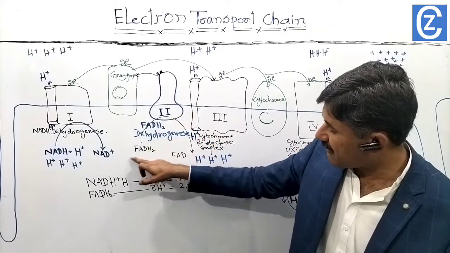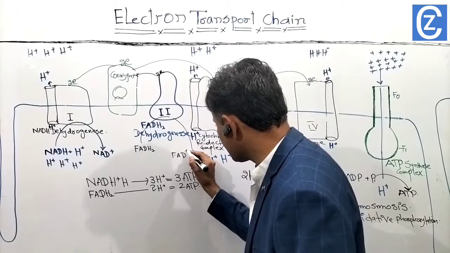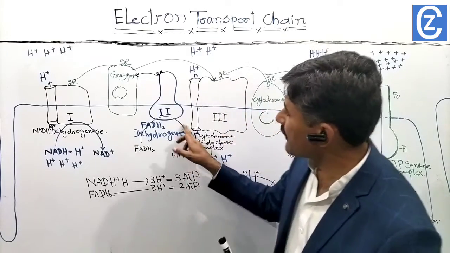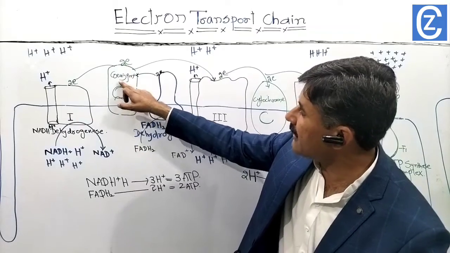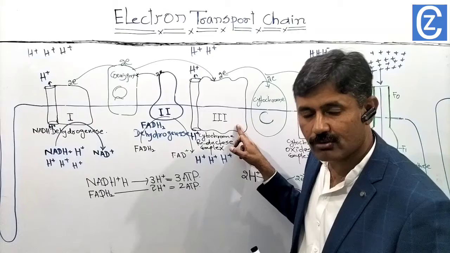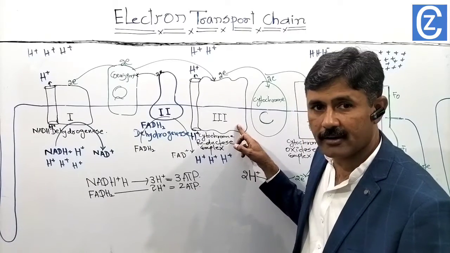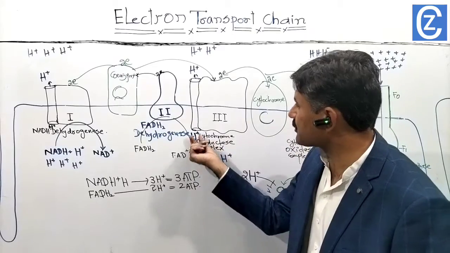When this oxidizes FADH2 into FAD+, it is simply giving electrons again to coenzyme Q.